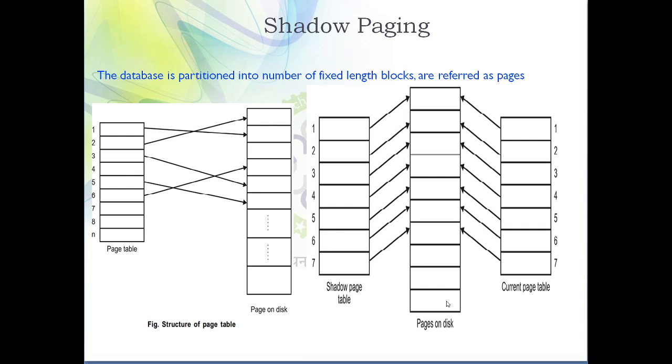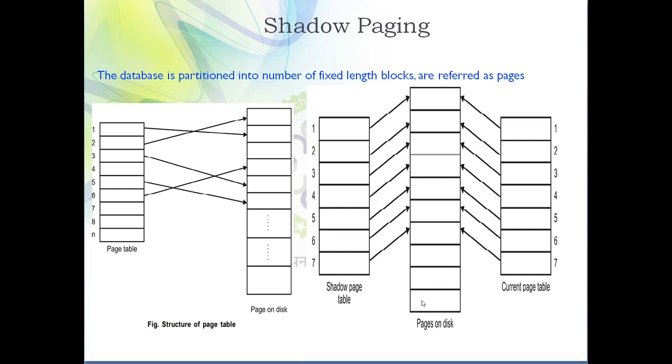Now, since the changes made by the transaction are successful, the shadow page table is going to point to this particular page. Okay, this is a new address, and after that the current page table is transferred as the shadow page table. So this is how the shadow paging technique works in a database. Initially the current page table and shadow page table are the same.